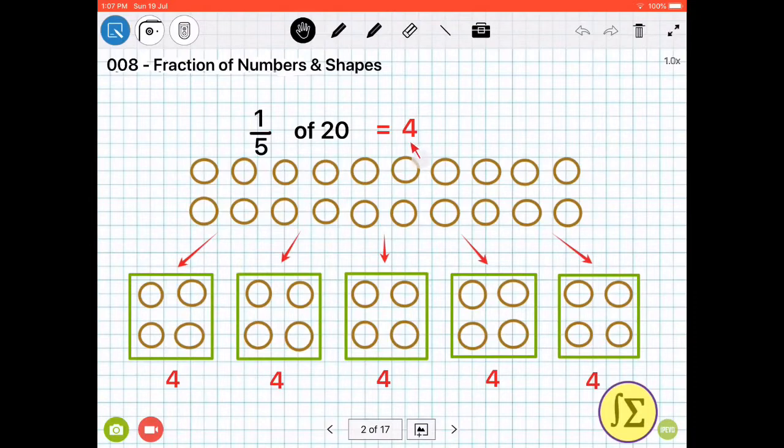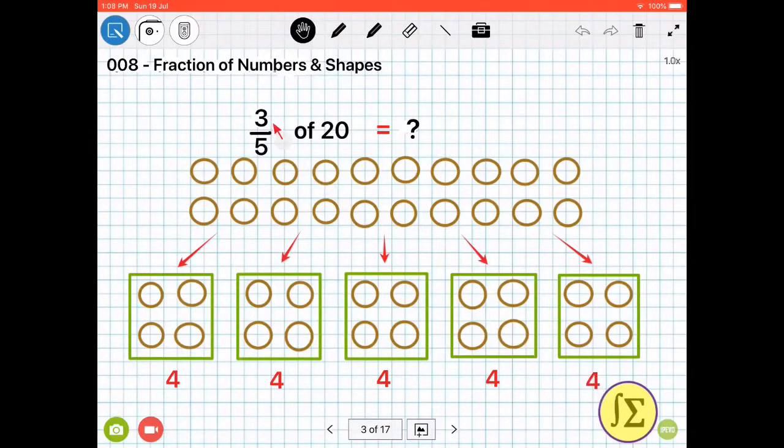But what if the numerator has a value more than 1? That is what we're going to learn today. Okay, a slight modification of the problem. What if the question asks you to find the value of 3 over 5 of 20? Alright, so it's similar. We still have to divide it into 5 equal groups. 1, 2, 3, 4, 5.